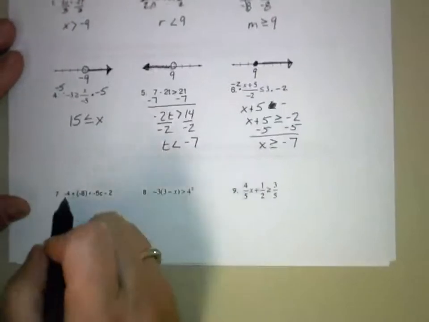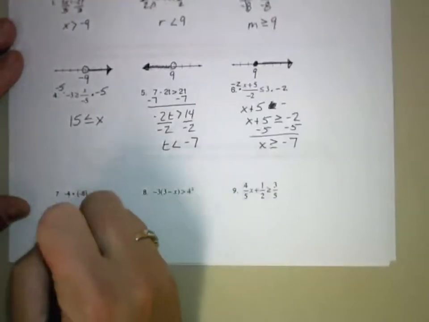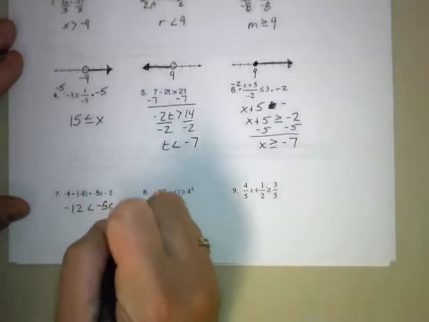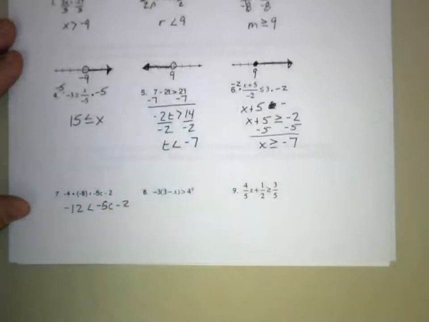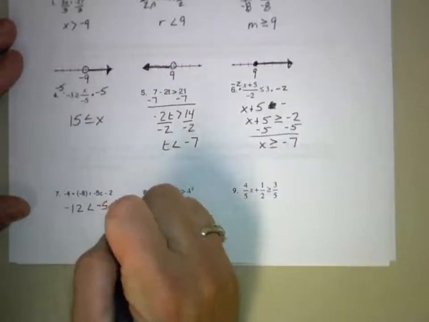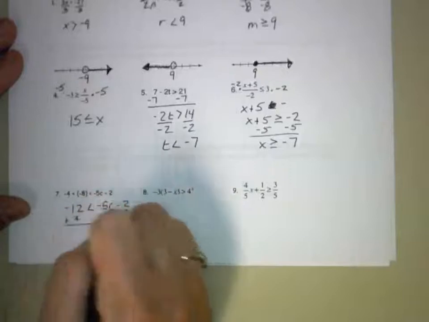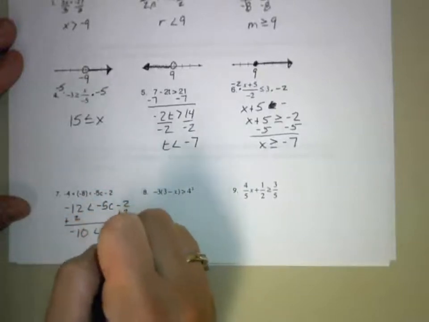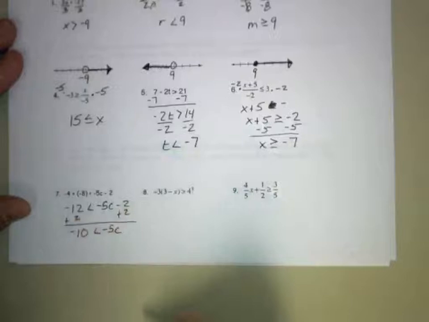Number 7, negative 4 plus negative 8 is a negative 12, is less than negative 5c minus 2. Adding 2 to both sides, that becomes negative 10 is less than negative 5c.